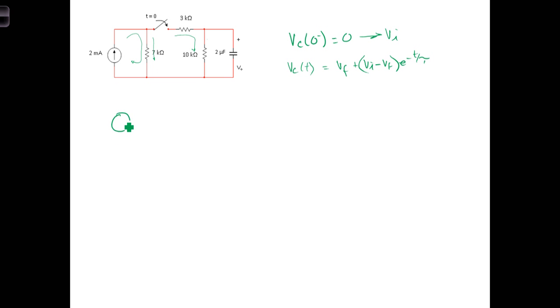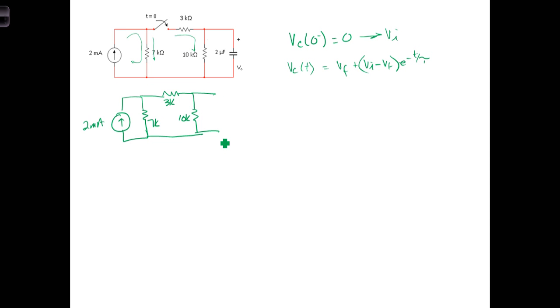So let's redraw this circuit here. We've got 2 milliamps, 7 kilo ohms, 3 kilo ohms, 7k, 3k, and 10k, and we need to know what that voltage there is going to be.